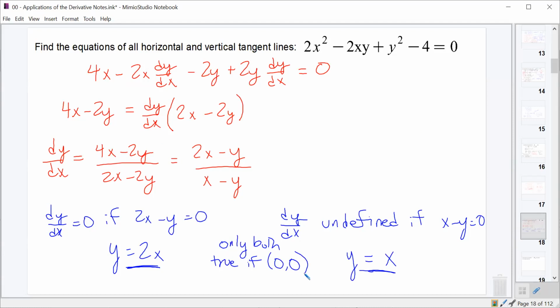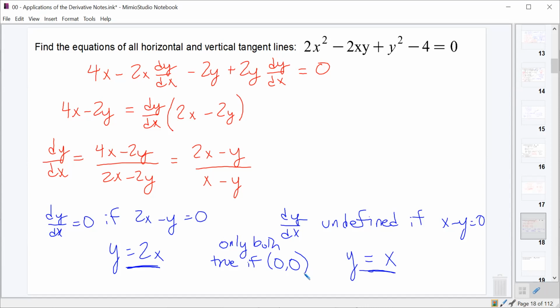Otherwise, there's no way for both of those things to be true. So we can immediately say any values we get of 0 for x or 0 for y when we plug these back into our original equation can be disregarded. And we know it's not going to be a horizontal or a vertical tangent line there.